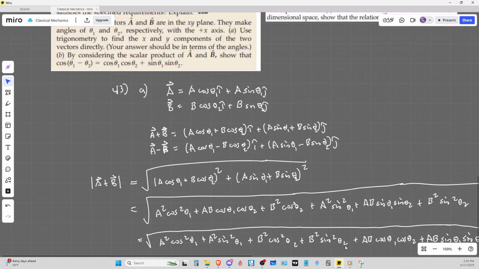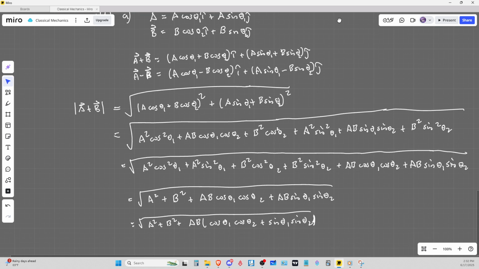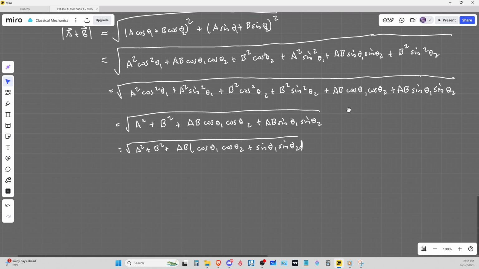The question says show that the magnitude of the sum of the vectors is equal to the magnitude of the difference. So I feel like we have to show it using this tedious method.